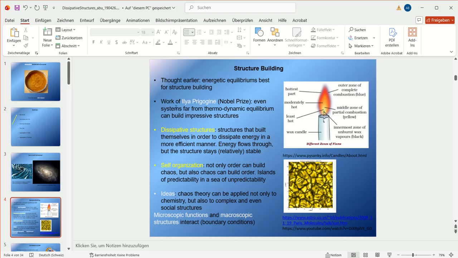But the work of Ilya Prigogine, who got the Nobel Prize for it, has shown that sometimes you can build quite impressive structures far from a thermodynamic equilibrium. And he also described mathematically how that can happen.